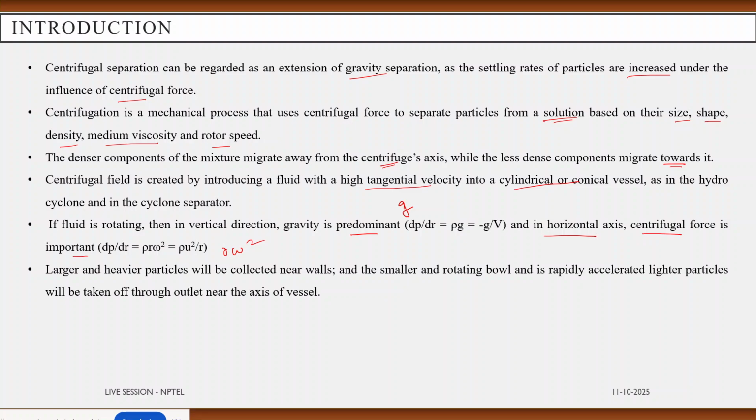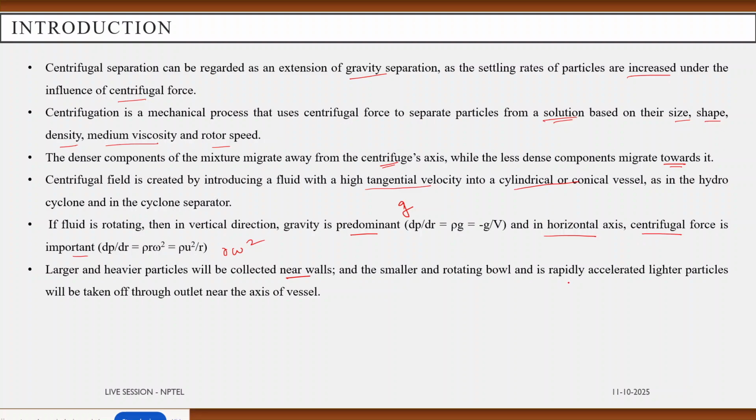When particles are larger and heavier, they are thrown away from the axis of rotation and collected near the wall of the vessel, whereas the smaller particles are collected inside the rotating bowl near the axis of rotation.